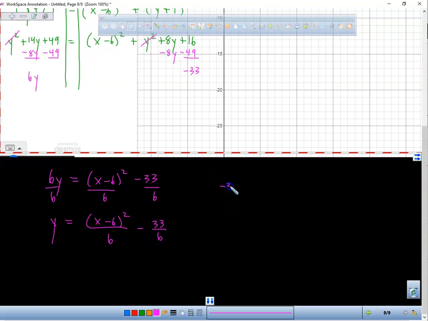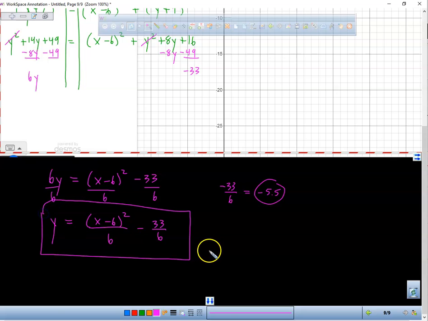Now, you know what negative 33 over 6 actually equals? Negative 5.5. By the way, the next problem I'm going to do, I'm not going to do any work. You're like, what do you mean you're not going to do any work? I'll show you how you can do it without any really difficult math.